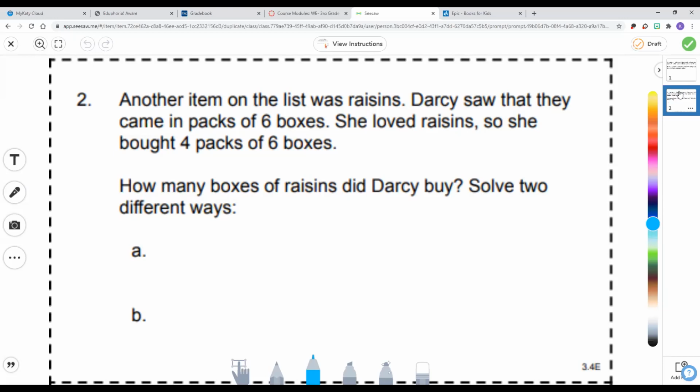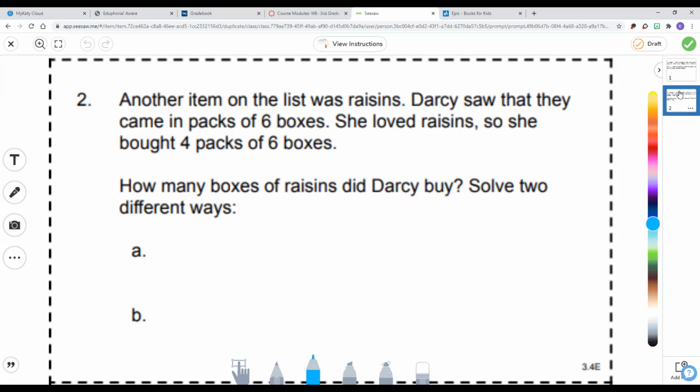Darcy saw that they came in packs of 6 boxes. She loved raisins, so she bought 4 packs of 6 boxes. How many boxes of raisins did Darcy buy? And you're going to solve it in 2 different ways.